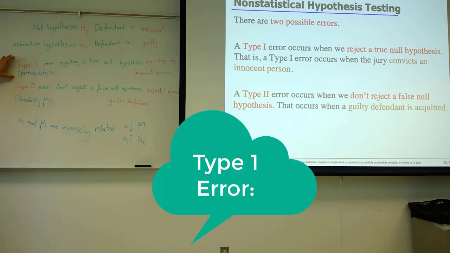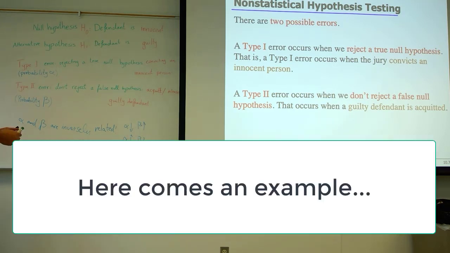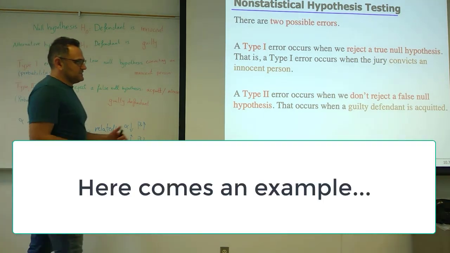What are those two types of errors that we can make? So a type 1 error is essentially when someone is innocent, and by mistake we convict an innocent person, right? In statistics, this translates to having a null hypothesis that was actually true, but we mistakenly reject it. Of course, it can happen, because at the end of the day, it's all about the sample that we are taking.